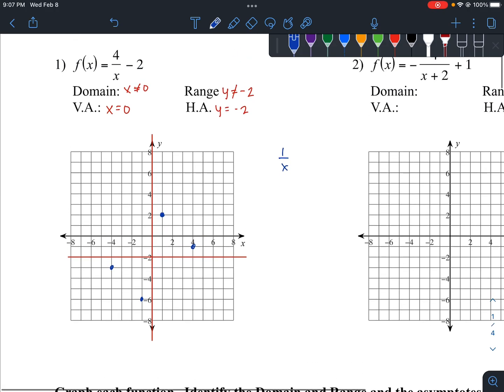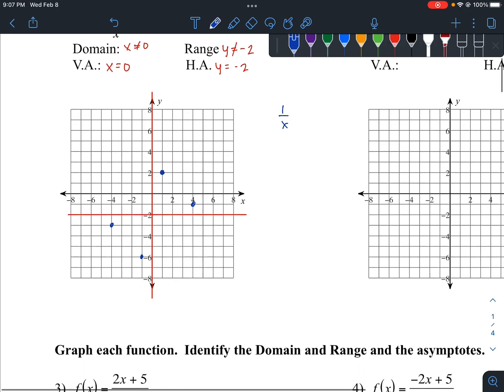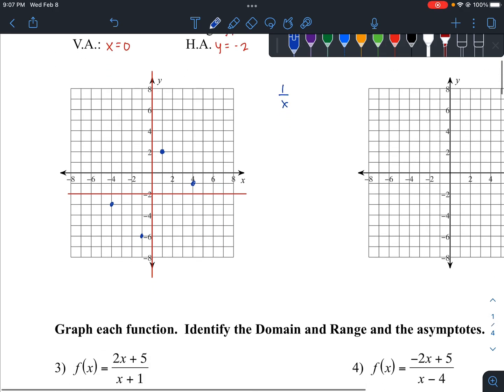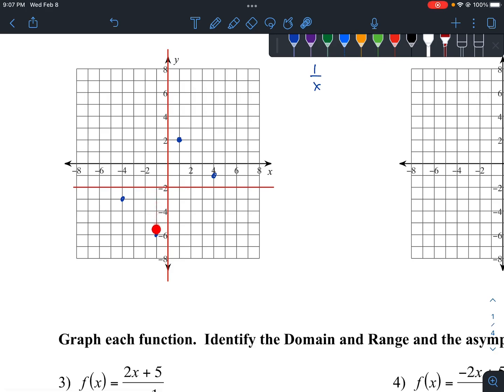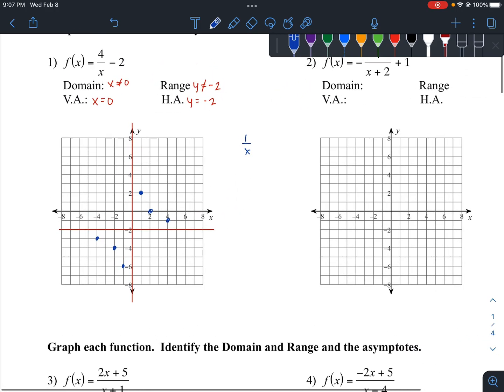Now, just because I know that between 1 and 4 is 2, because I went over 1 and over 4, I know that there's going to be a point here, over 2 and left 2. You can also add in those points. That's usually because of 4 divided by 2.